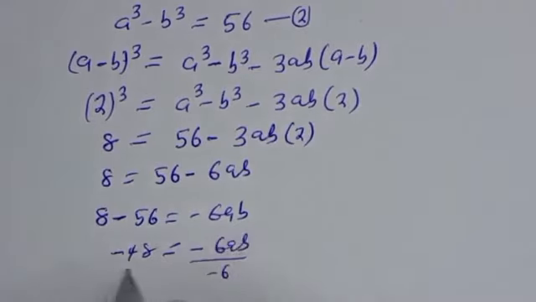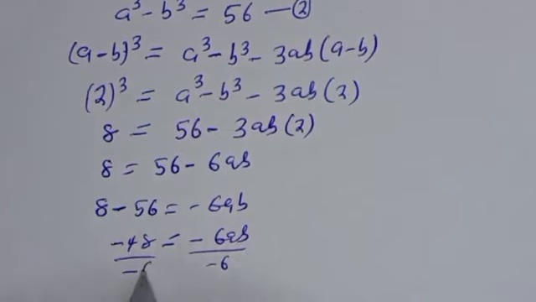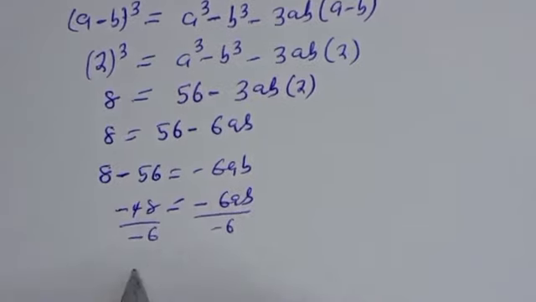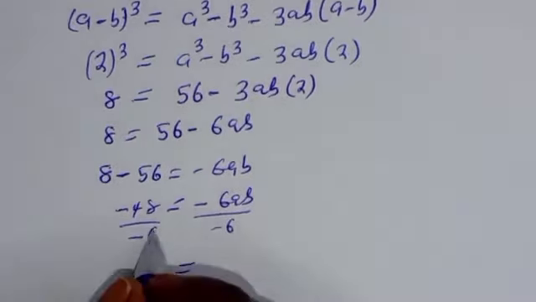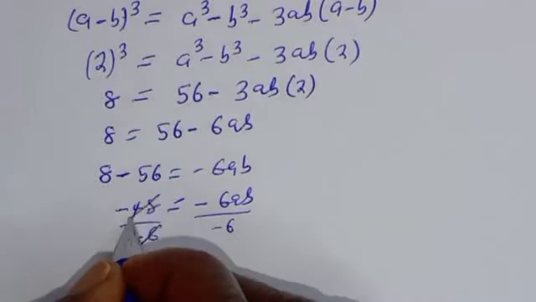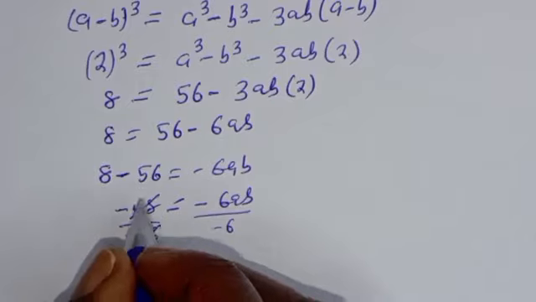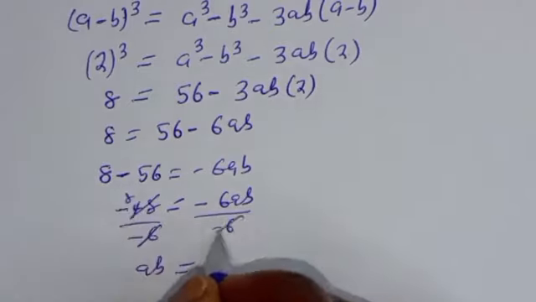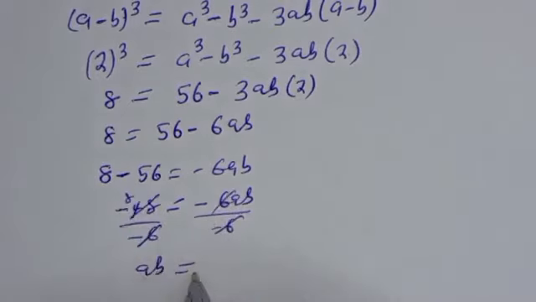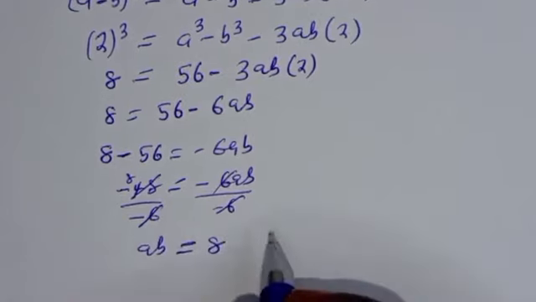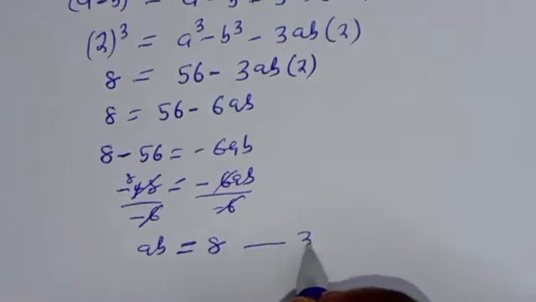Let's divide both sides by minus 6. This will cancel this. Minus 6 in 48, we have 8. This will cancel this. ab is equal to 8. Let's call this equation 3.